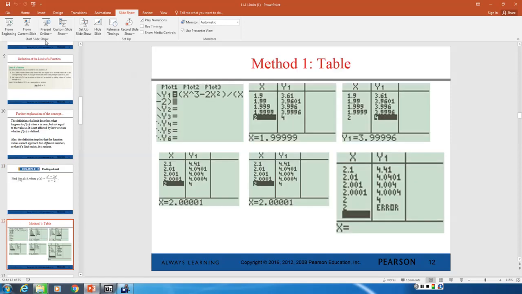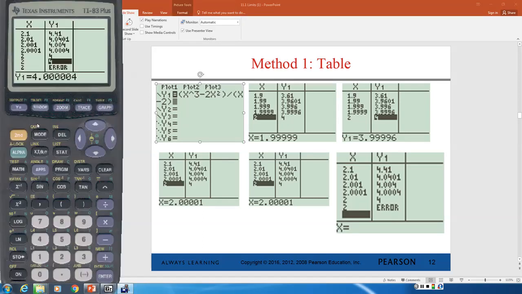And I've already made the table. So you can do it on your calculator. All you do is enter this function, x raised to the 3rd power, subtract 2x squared, over x minus 2. But if you plug in 2, it says there's an error.